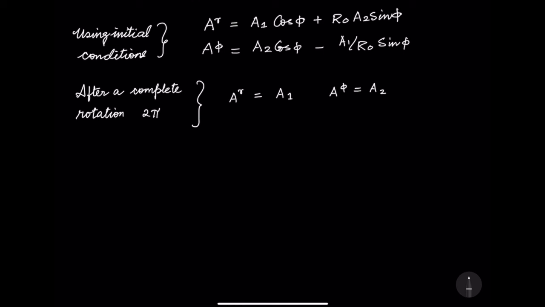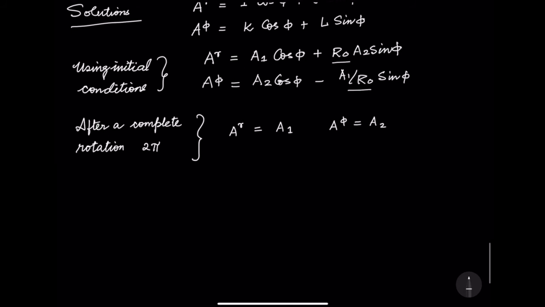So though the vector components change as you go along the curve, as you come back to the original position, they are exactly the same. When the vector components go around the curve, they change depending on what curve you are in. How do I say that? Because R naught is sitting over here, which is essentially parameterizing the curve. But when you come back to the original position, it's independent of which curve you are choosing, at least for all these circular curves.